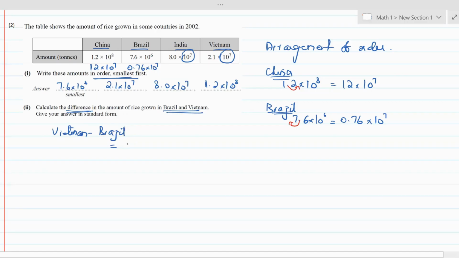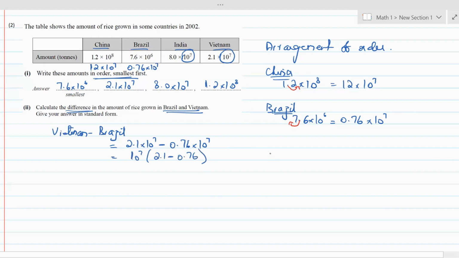So Vietnam is 2.1 into 10 raised to the power 7 minus Brazil, for which we have already found the power of 10, so we can use that directly: 0.76 into 10 raised to the power 7. Now taking 10 power 7 common outside, the first number would be left with 2.1 minus 0.76.